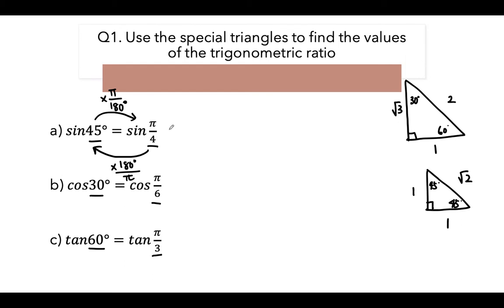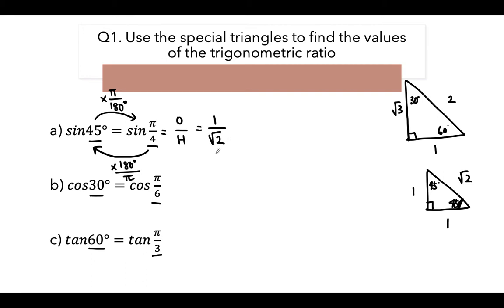So for this one, it says sine pi over 4, meaning over this one, 45 degrees. Sine, we said, is opposite over hypotenuse. So in this case, let's say my 45 angle could be here. Opposite is 1 over square root 2.